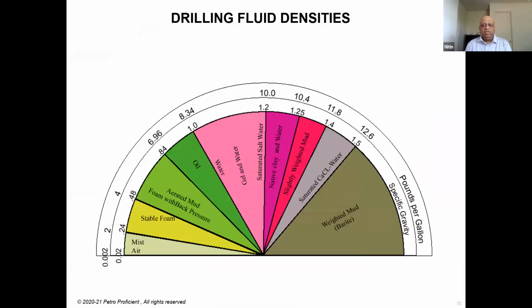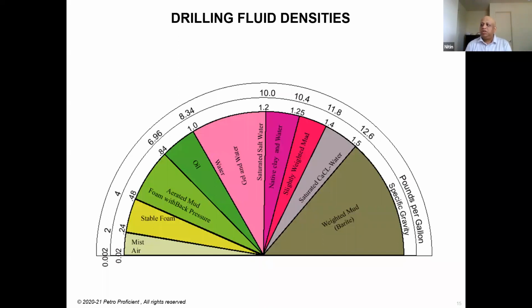So now here you see in this diagram what kind of densities you would get with a particular fluid that you'd use. If you have air or mist, you can get a density as low as 2 to 4 ppg. If you have aerated mud, you can get between 4 to 6.9 ppg. If you are using oil, a single phase fluid, you will get between 6.9 to 8.3.